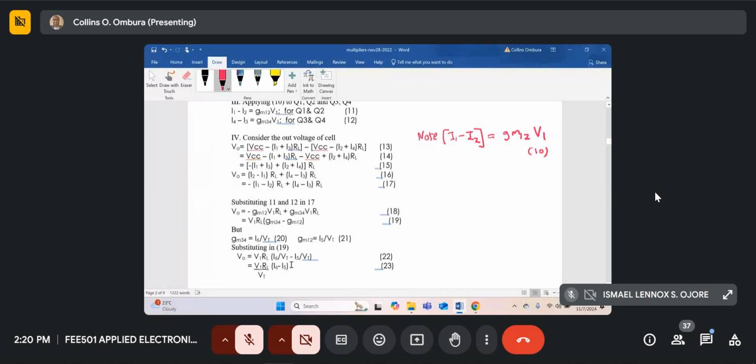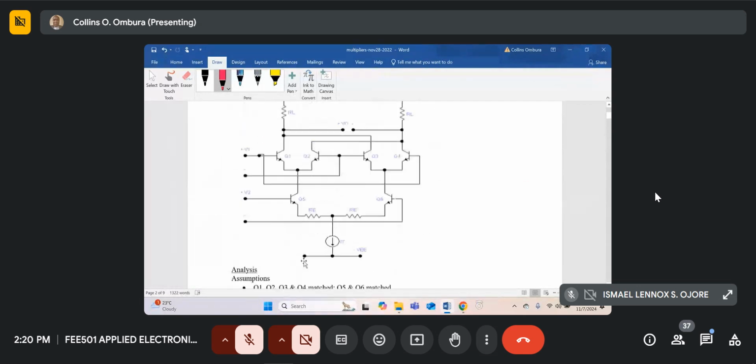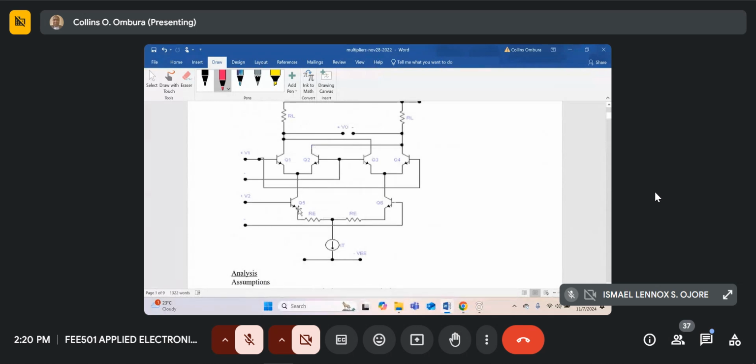Now to get how the output voltage varies as a function of V1 and V2, remember I5 and I6 are the collector currents of the bottom transistors. I5 will be the collector current here. I6 is the collector current over here.